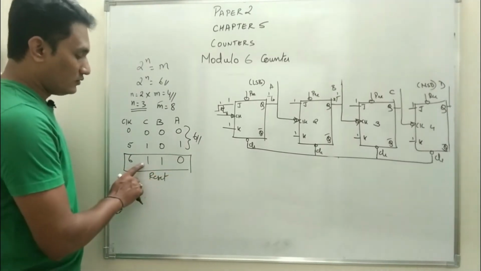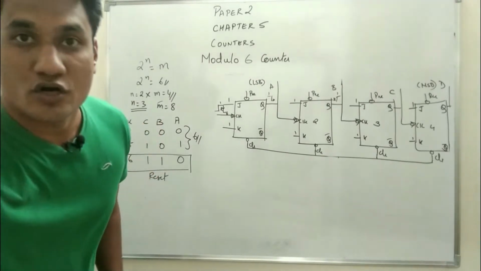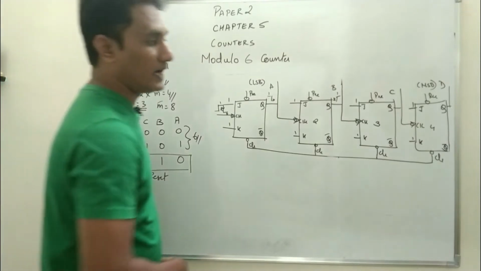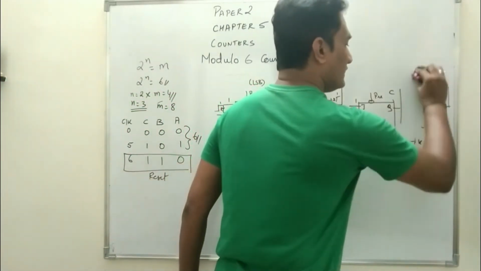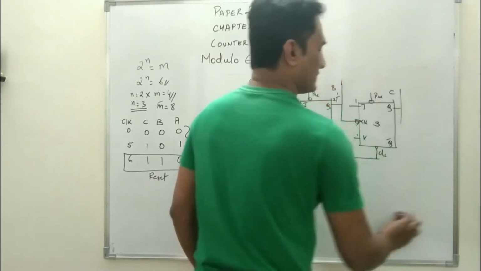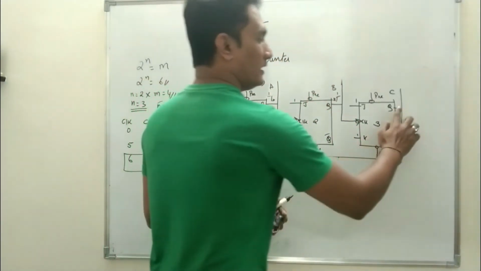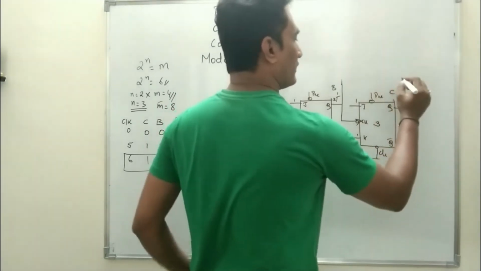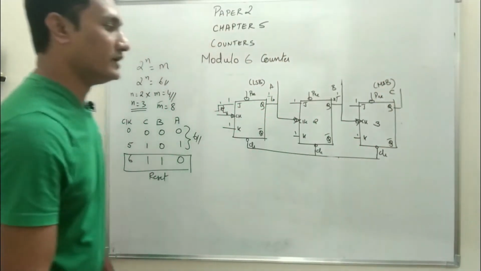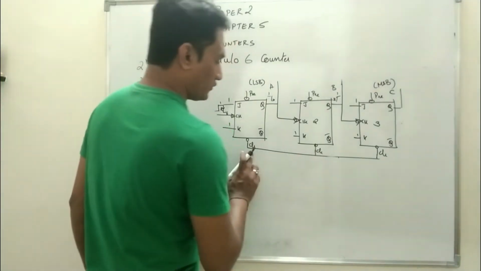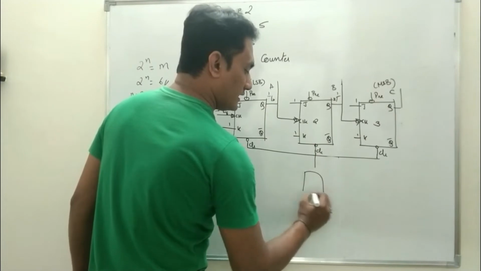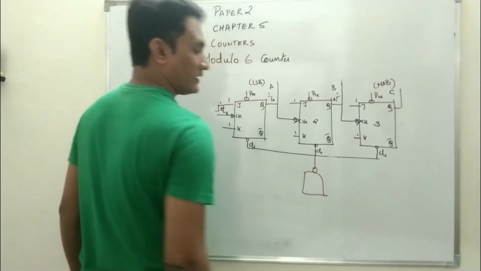Now, in the modulo 10 counter we designed with 4 flip-flops. Now we require only 3 flip-flops. So the circuit will be like this. This is the modification I am going to make: C is your MSB. Now you have to connect the clear terminals of all the flip-flops to the output of the NAND gate.